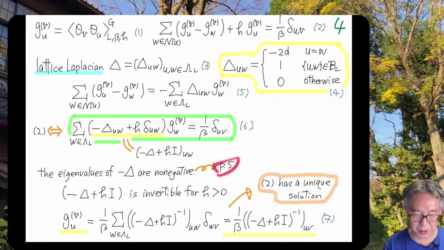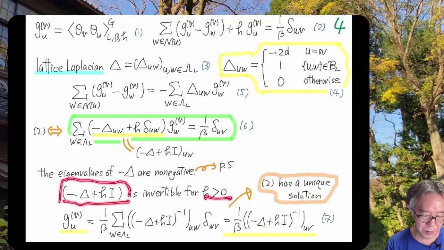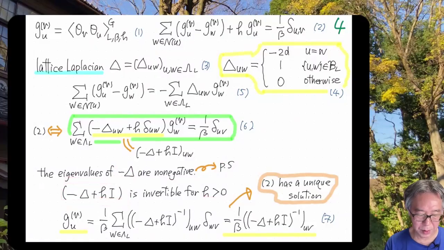I'm going to prove this in the next page. So this means that for positive h, the eigenvalues of this real symmetric matrix are always positive. So this is invertible. So this G has a unique solution, and it's written formally in this way. So this is the inverse matrix.